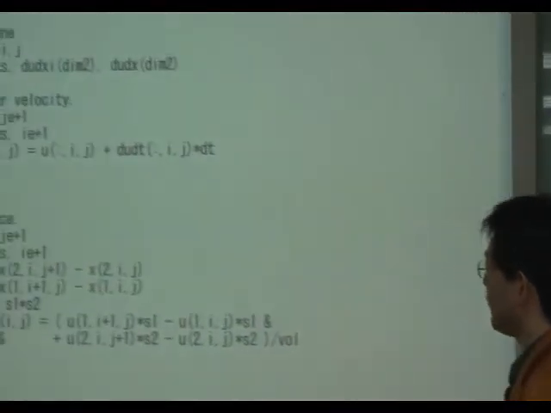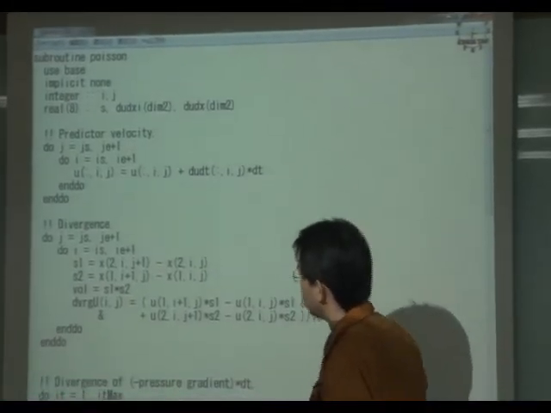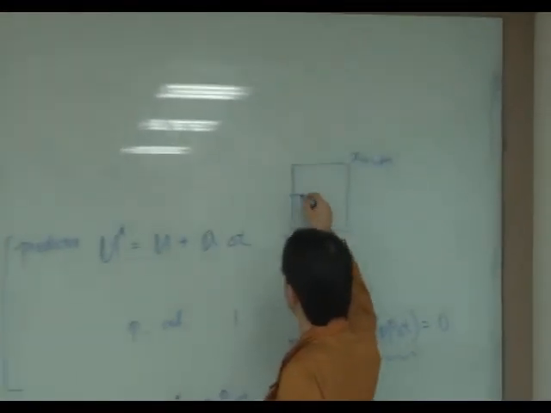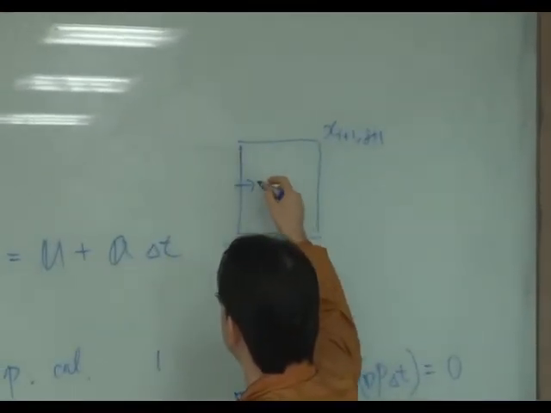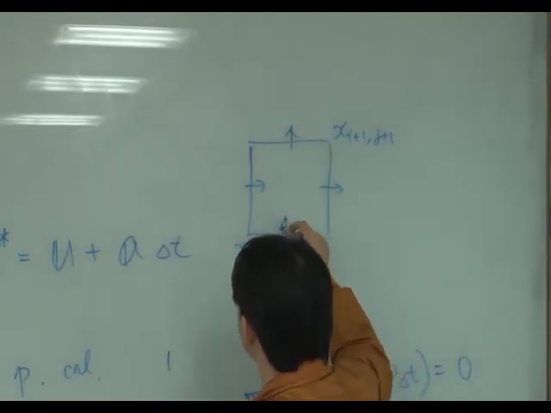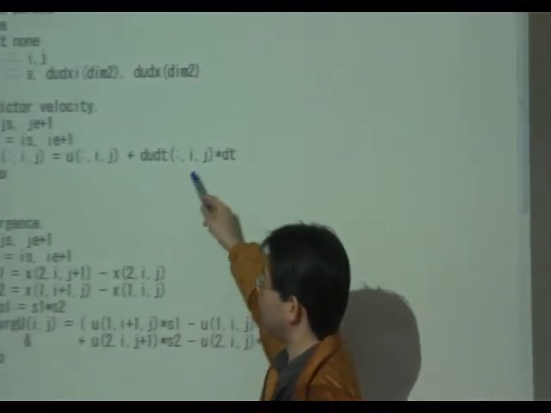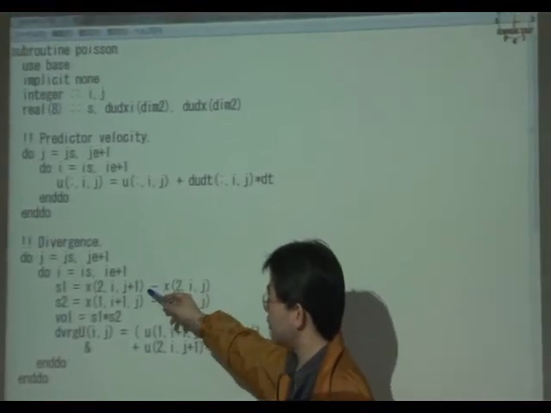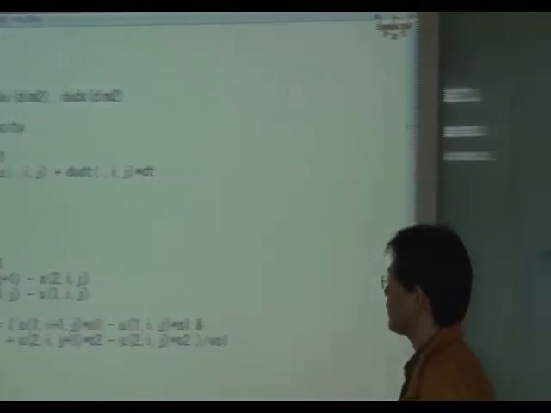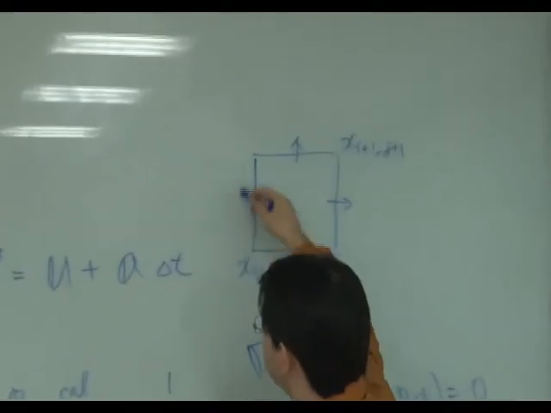To get the divergence, the process is very simple. We have to get the mass flux of these four faces using the predictor velocity. S1 is the size of this edge.